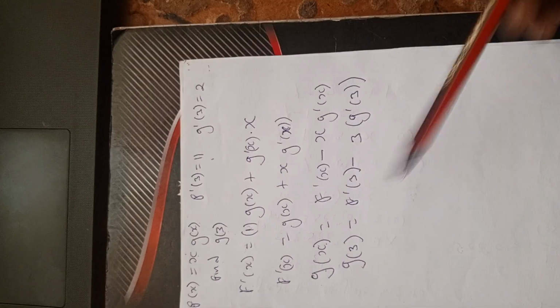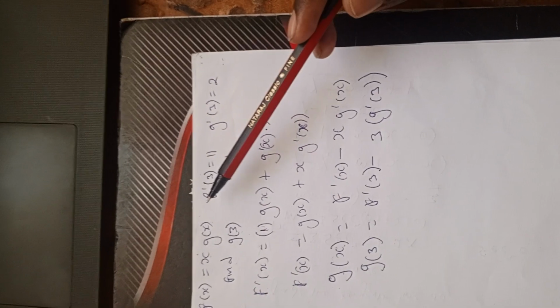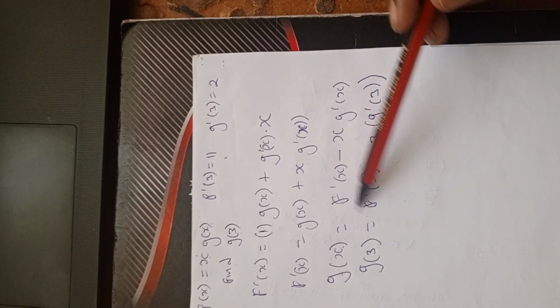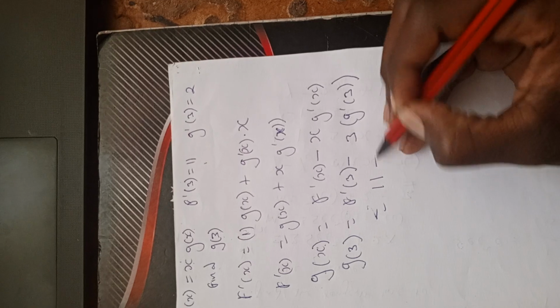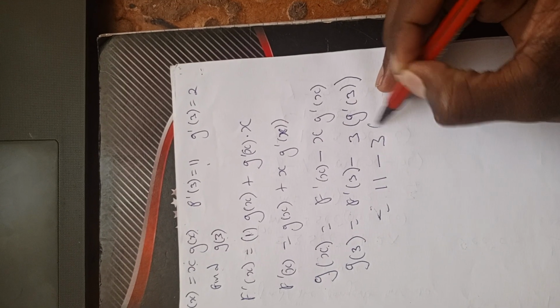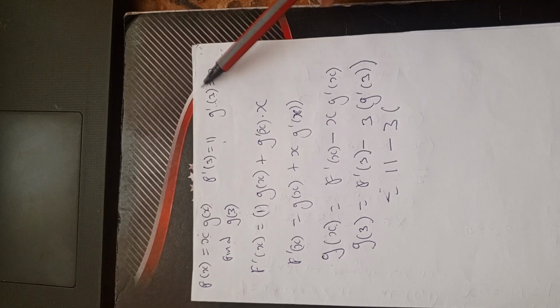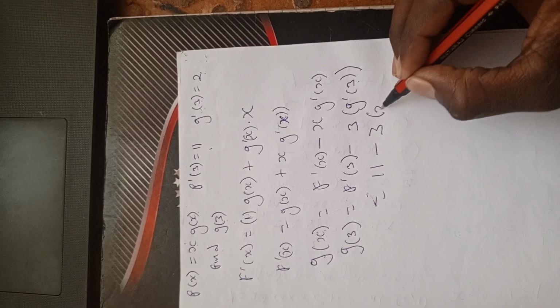Now we go back to the conditions we were given. What is f prime of 3? f prime of 3 is 11, so we substitute f prime of 3 with 11, less 3, open bracket. g prime of 3 is equivalent to 2, so where there is g prime of 3, I'm going to put 2.